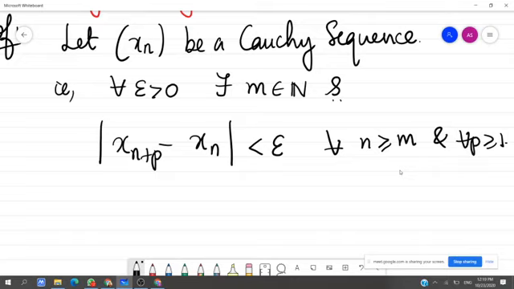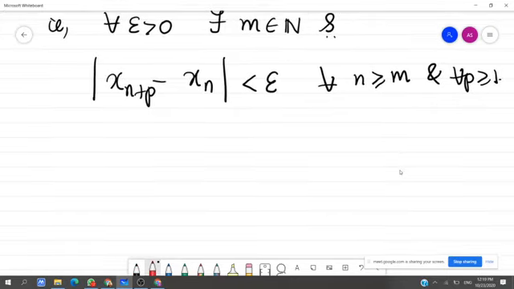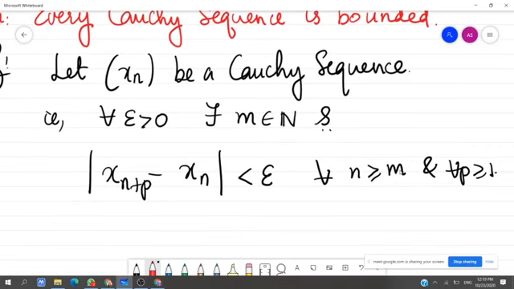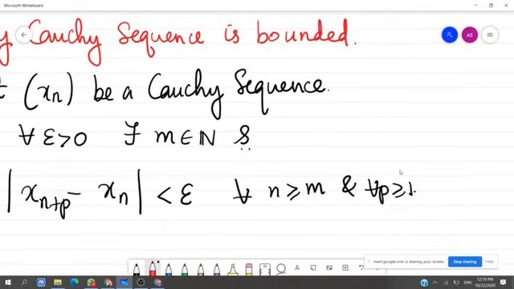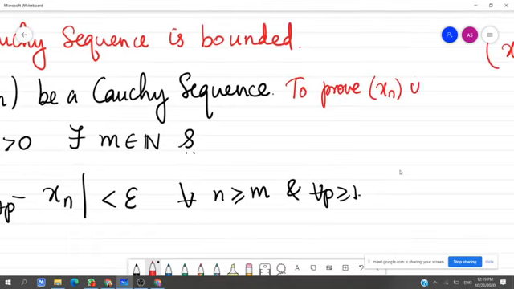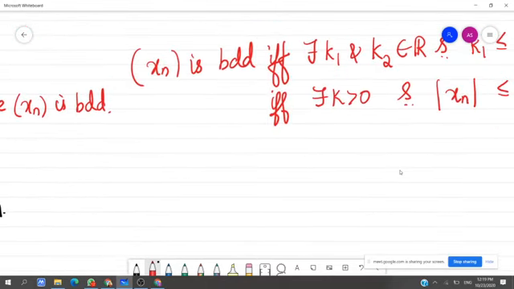Given that the sequence xn is Cauchy, we have to prove that the sequence xn is bounded. So this is what is to be proved.